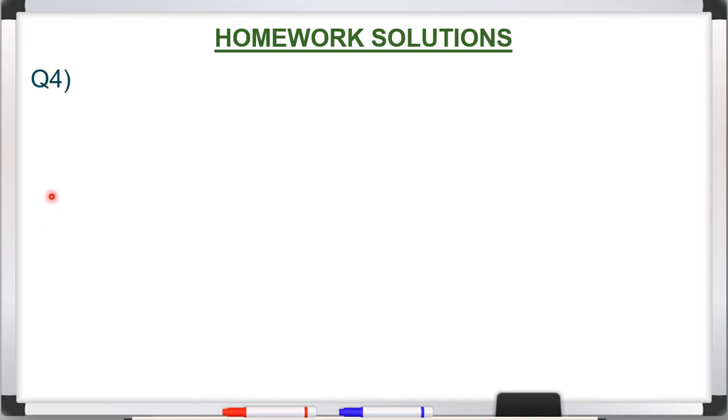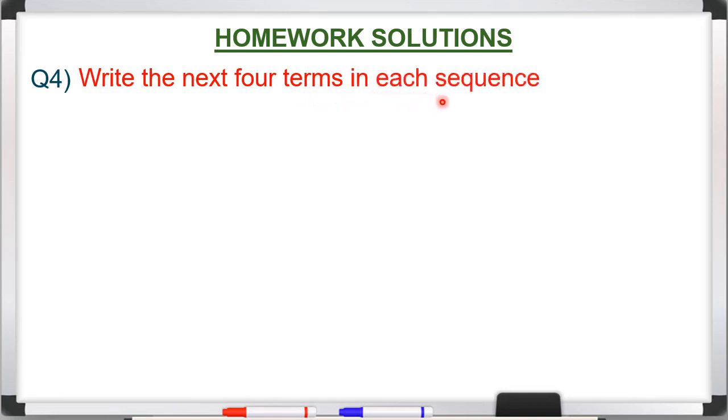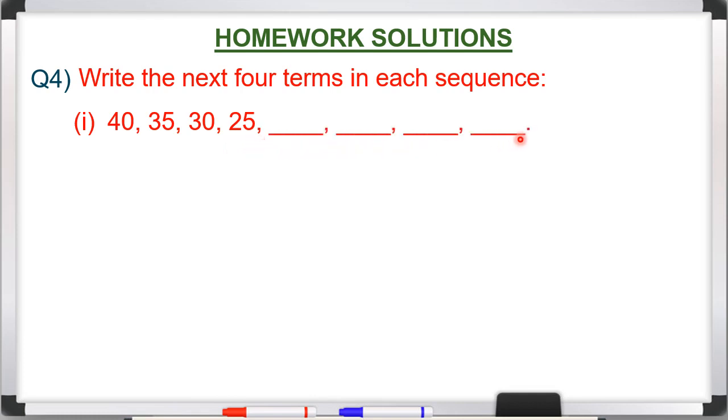See question number 4. Write the next 4 terms in each sequence. Part 1: 40, 35, 30, 25, dash, dash, dash, dash. Here beta, this number series is given and you have to write the next 4 terms in these blanks.